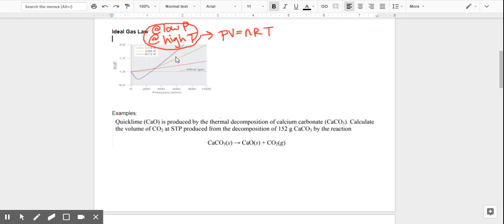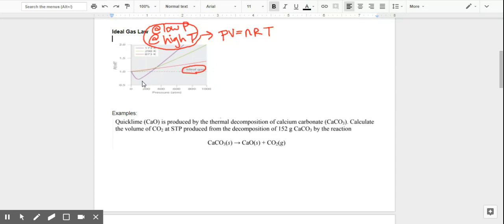Notice on my axes, we have pressure and then PV over nRT. Ideally, PV over nRT will equal 1. That's your ideal gas component right there.